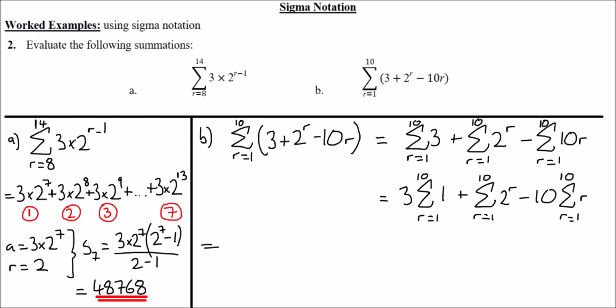Now here we need to remember those important results from before. So for this one, we said that the sum of the first n instances of a unit just gives us n. Okay, so we can use that result.